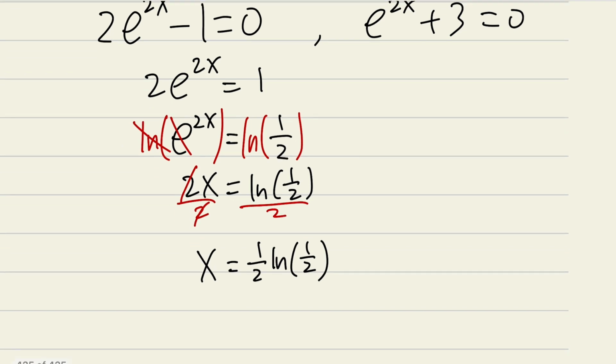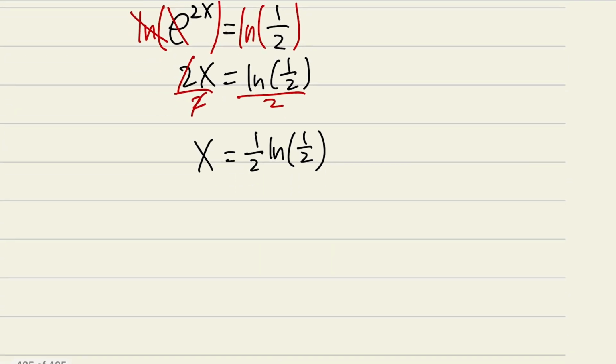All right, a small remark before we continue to the second part. Notice that this is 1/2. We can write it as 2 to the negative first power. So you can also write this as x = 1/2 ln(2^(-1)).